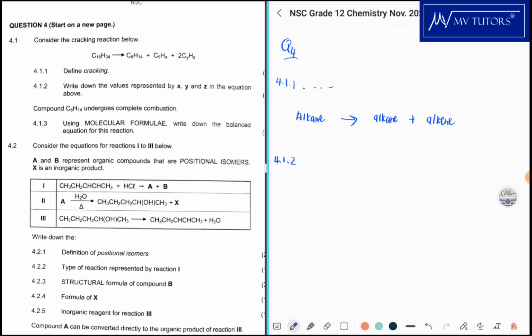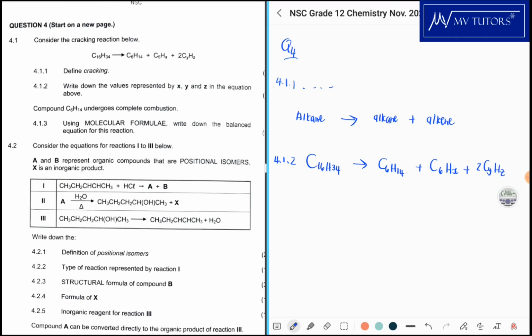So 4.1.2 says, write down the values represented by X, Y, and Z in the equation above. So let me just write it down. We have C16H34, and then it breaks up to C6H14, plus C6HX, plus 2CYHZ.